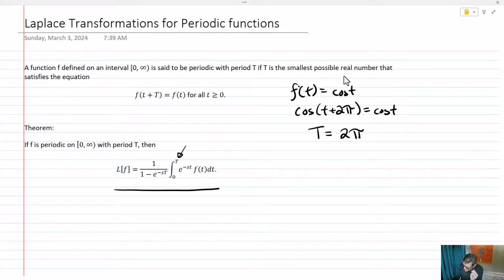Notice again, big T here is our period. So in our previous example, that would be 2 pi. And so this factor out here is a function of s, and not a function of t, because that's a big T.